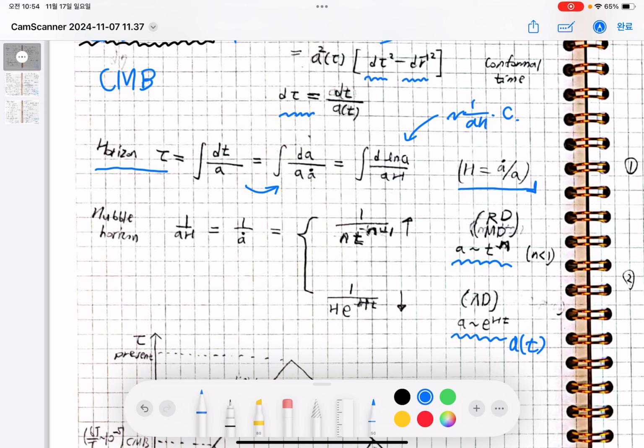We call this 1 over aH the Hubble horizon or Hubble radius. And 1 over aH is actually the same as 1 over a dot. And if we insert the solutions of the scale factor for each type, a is proportional to t to the n, and n is smaller than 1.